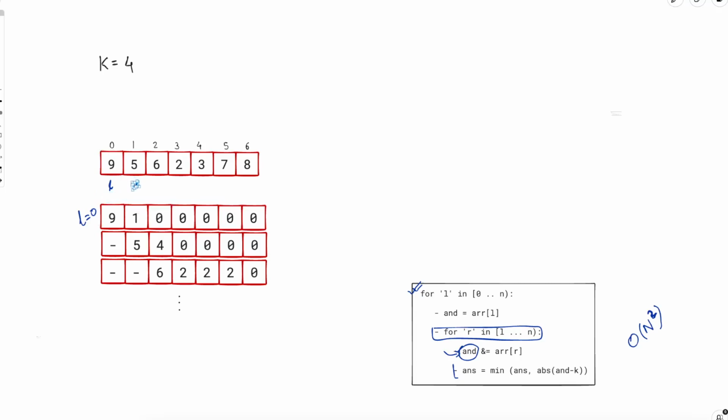Similarly, from this L to this R, if you do bitwise AND of everything, you will get 1. Similarly, for this L to this R, you will get 0, and so on and so forth. Similarly, this second one denotes the values when L is equal to 1, right? So if you do bitwise AND of everything between this L and this R, the value will be 5, this L and this R the value will be 4, right? And so on and so forth.